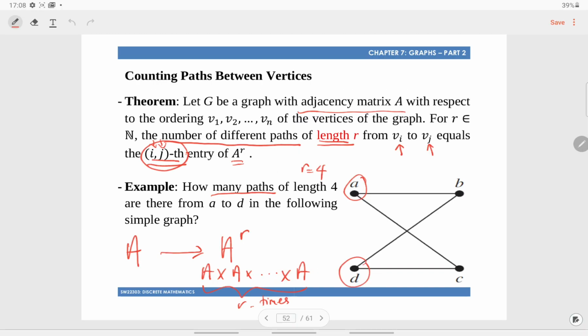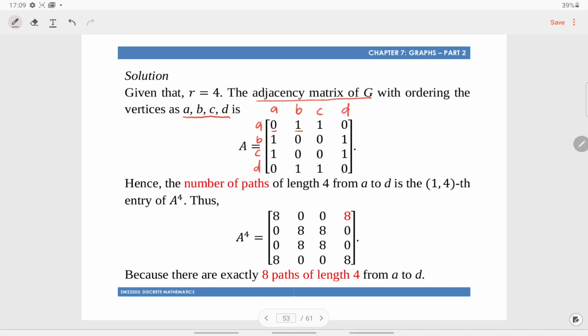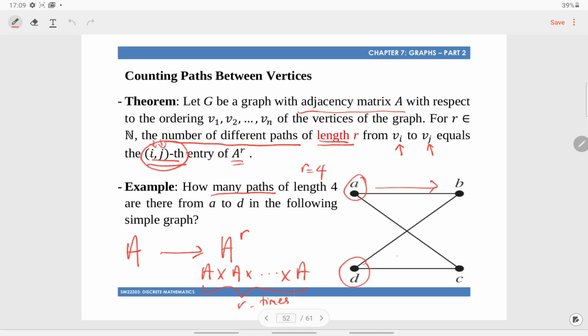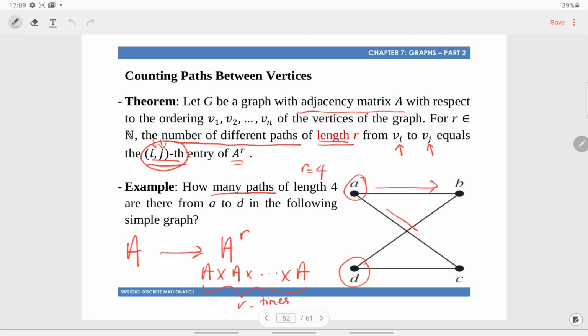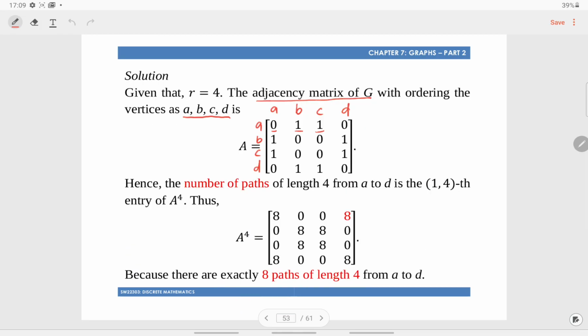A and B are connected, so we have 1 here. A and C are also connected, so we have 1 here. A and D are not connected, so the value is equal to 0. We continue the same process until we cover all the entries of the adjacency matrix of G.